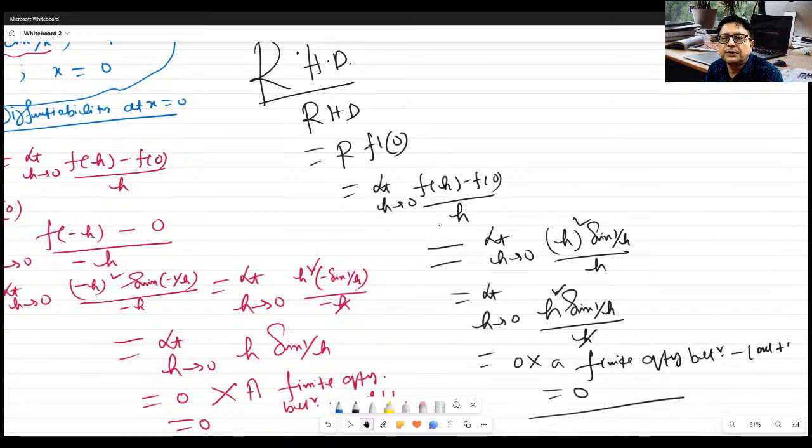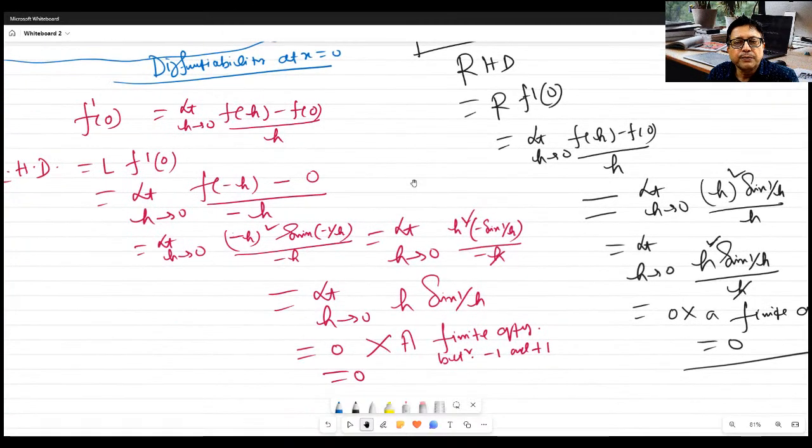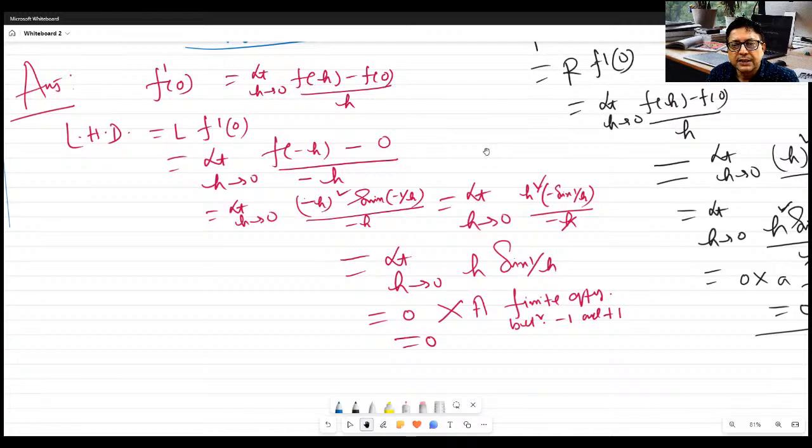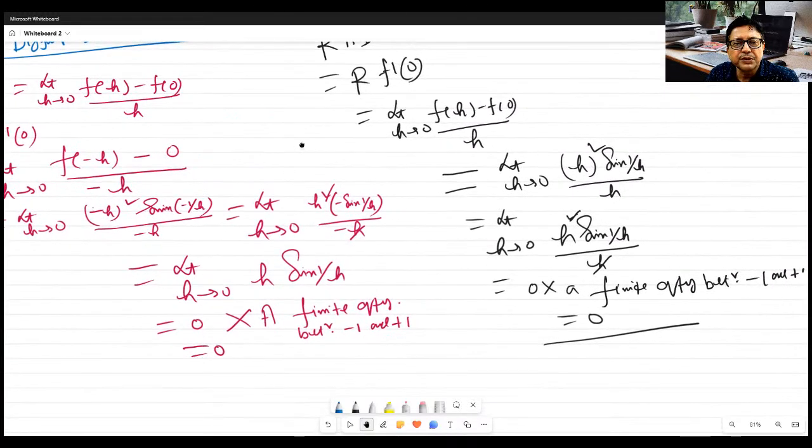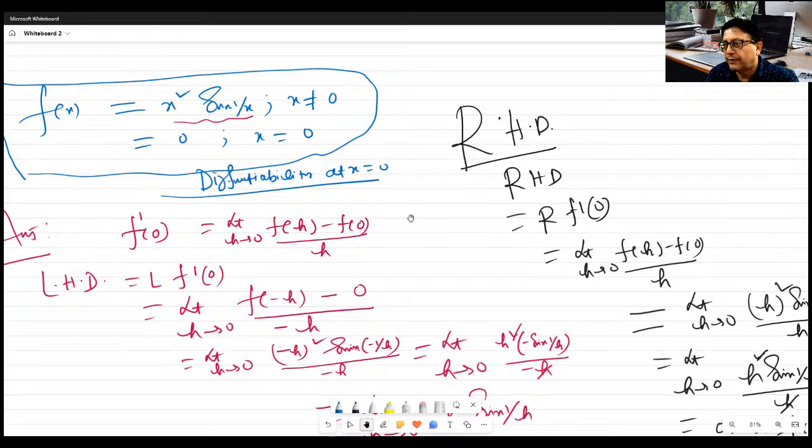So the value is equal to 0. Clear? So what have we got here? Both the limits exist and they are equal to 0. So your answer will be the function is differentiable at x equal to 0. Clear? Understood?